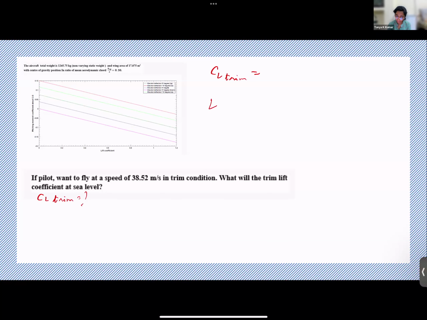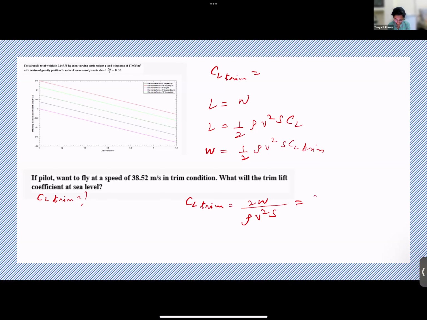At trim, what happens? Lift equals weight. So lift is half rho V square S CL. At trim, you can write it as W is half rho V square S CL trim. And they've asked you to find out CL trim. CL trim is 2W by rho V square S.